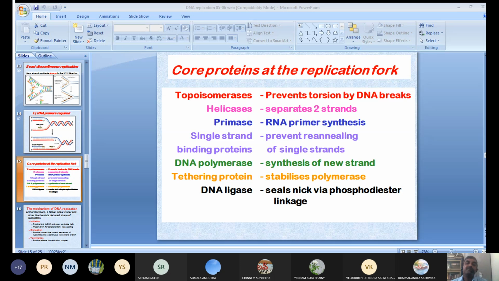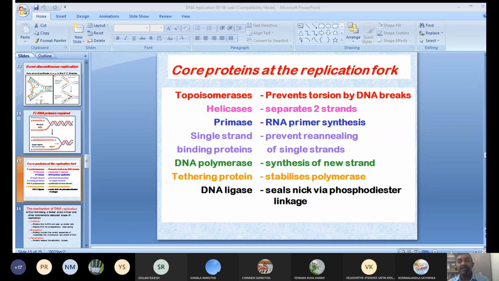And then the single stranded binding proteins. Helicase is the enzyme which unwinds the DNA molecule, right? So it converts the double stranded DNA molecule into a single stranded DNA molecule. When it is in the single stranded form, as I already told you, endonucleases or exonucleases are very prompt to act against single stranded forms, right?